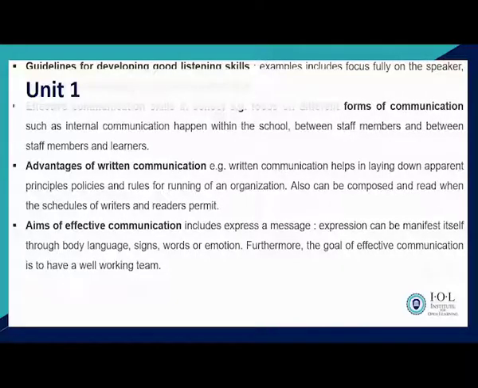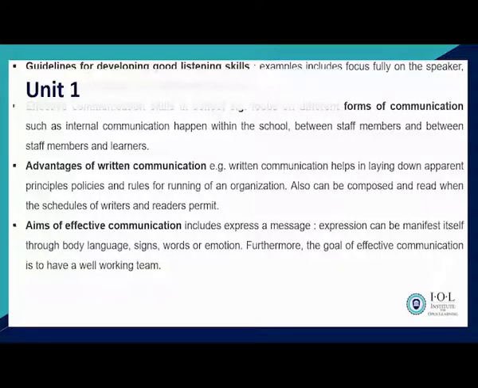Advantages of written communication, that's another topic I want you to look at. Why is written communication so good? Written communication helps us in laying down apparent principles, policies, and rules for the running of an organization.